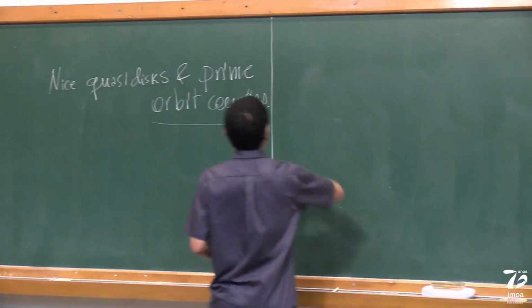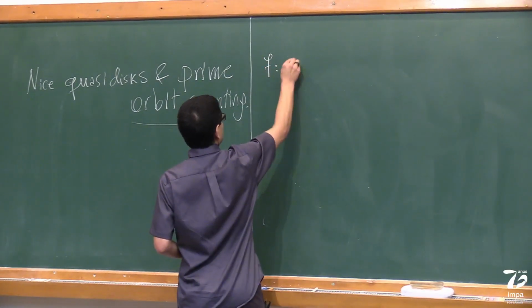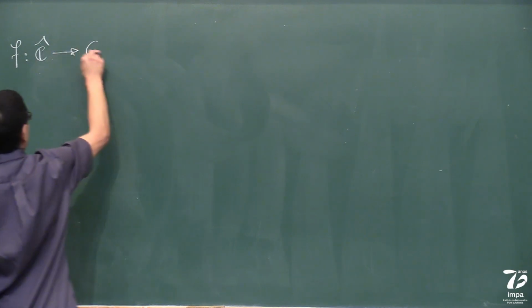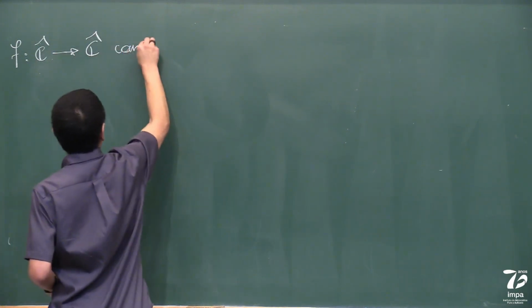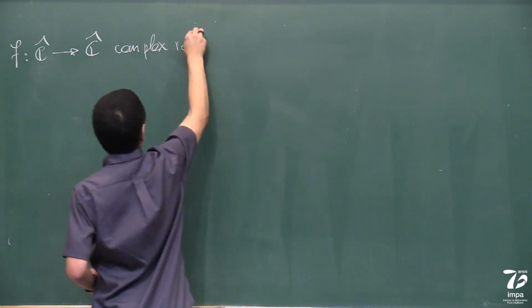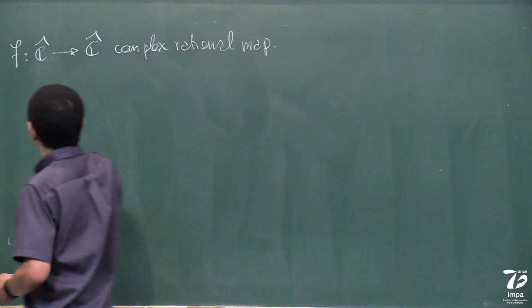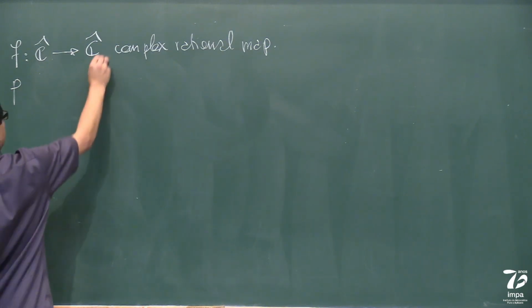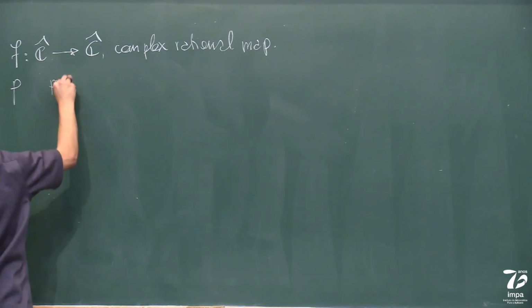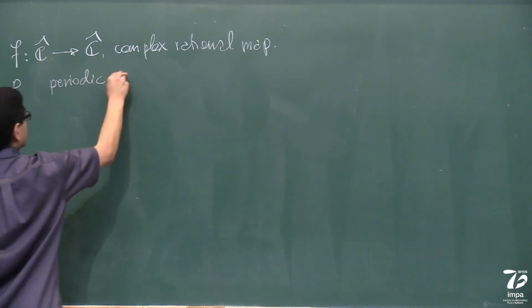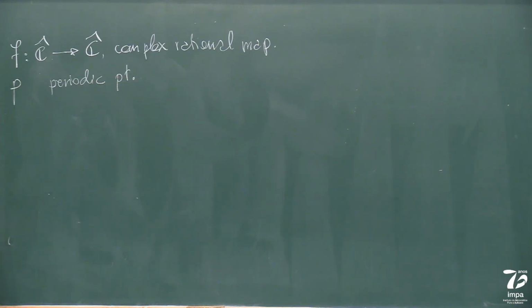OK, so let me introduce some notation. So let's suppose we have a complex rational map f, and p some periodic point. I want to introduce some notation.